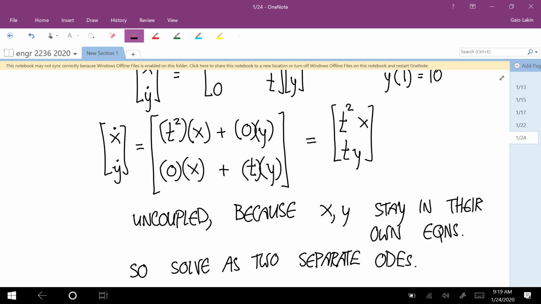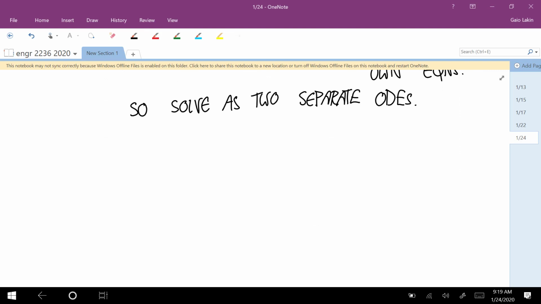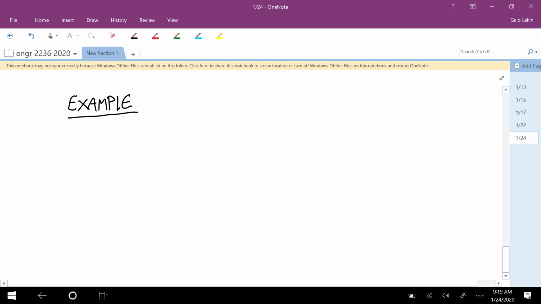Okay, let me do one example. So this is going back to the chain rule stuff in kinematics of particles.